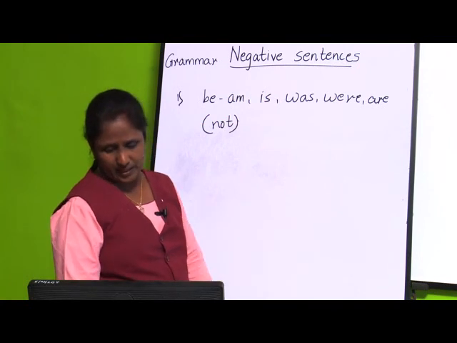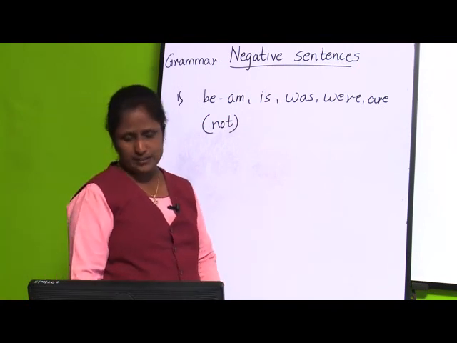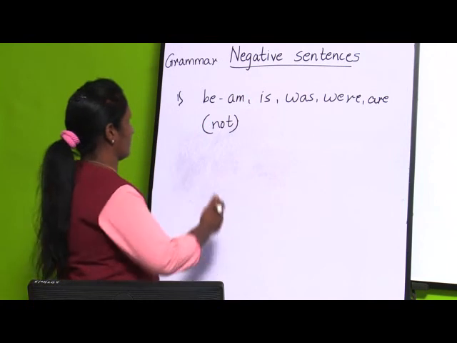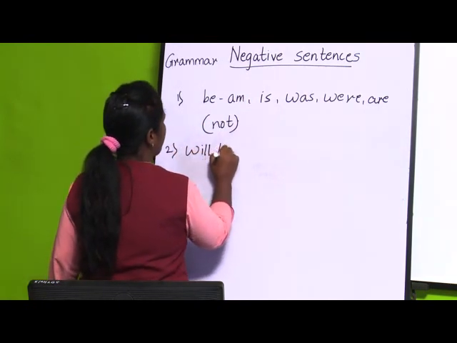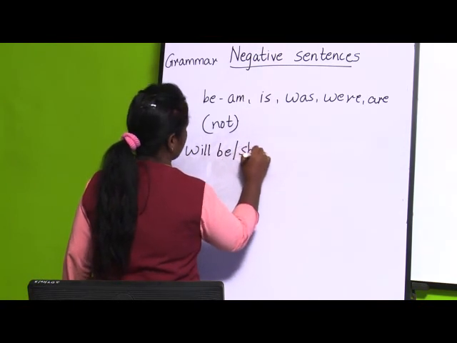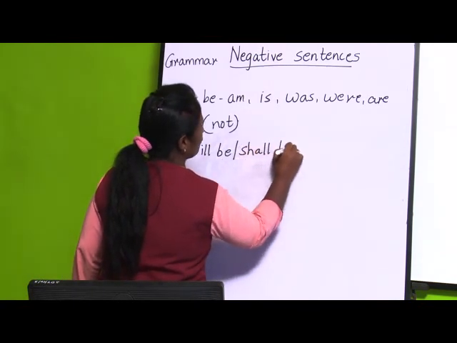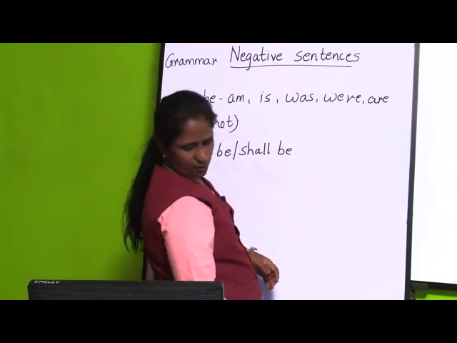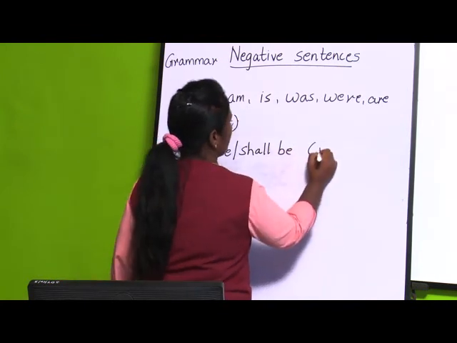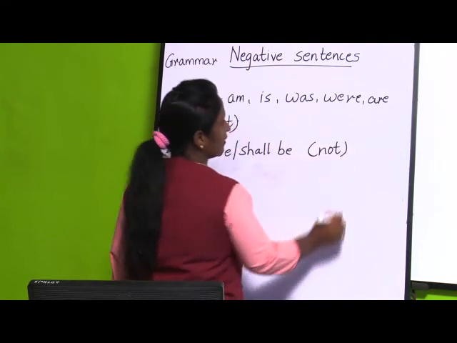This is one thing. Second thing is what? In case of will be or shall be, if we are using will be or shall be, that time also we are going to use the word not.